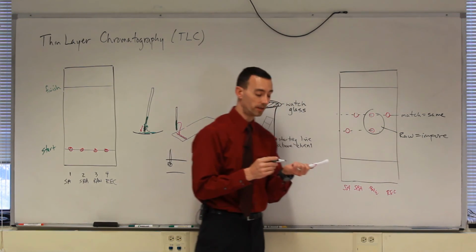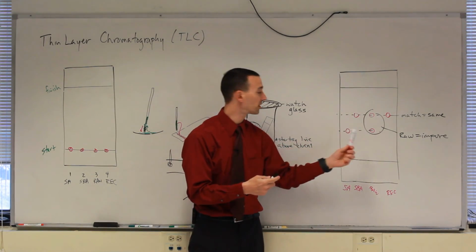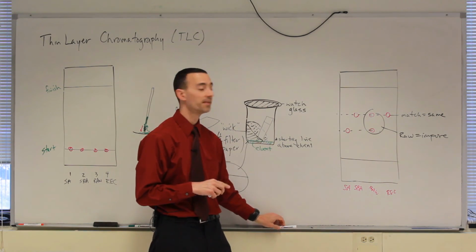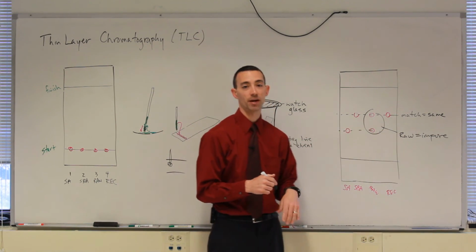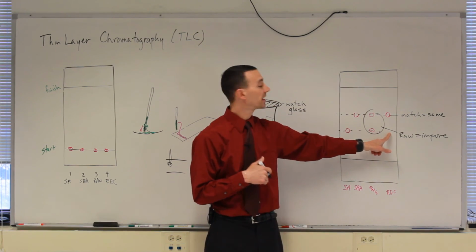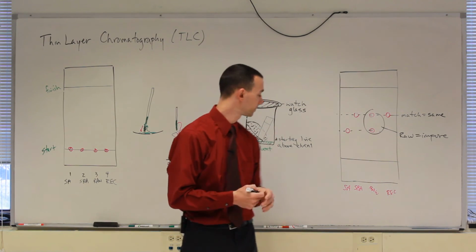It's a mixture of both acetyl salicylic acid, or aspirin, and some leftover salicylic acid. All right? So that's if you see that match up. If you see a spot here in your recrystallized, it means your recrystallized is not completely pure either.